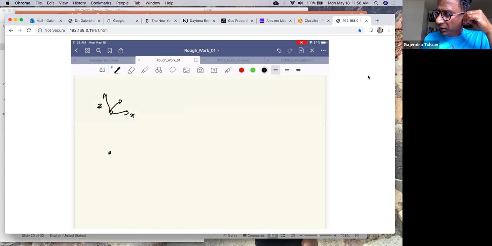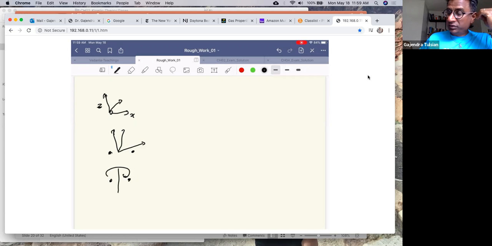Now, if you have a diatomic molecule, well, the diatomic molecule has 3 degrees of translational freedom, but a diatomic molecule can also rotate, spin, and so on. Okay, so it'll have more degrees of freedom.